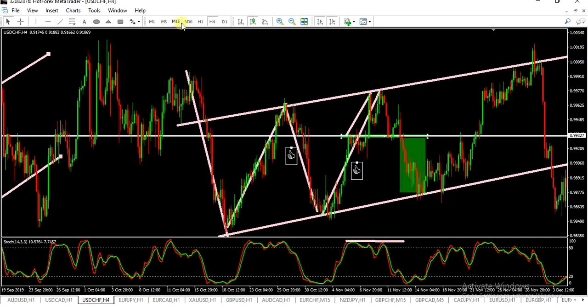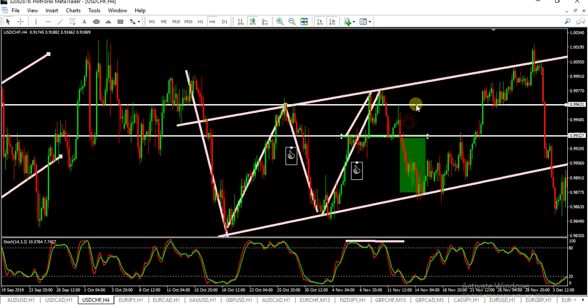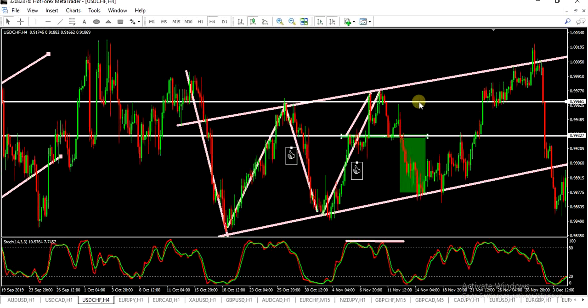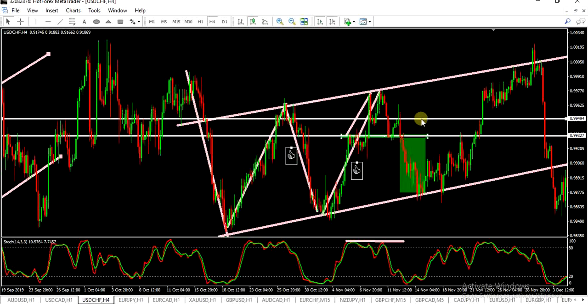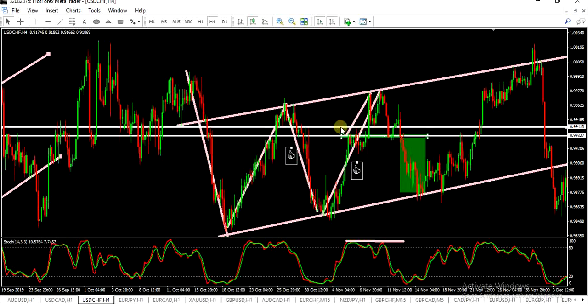And because we are not guessing in the market, our stop loss is supposed to be some pips above our entry, somewhere here, because you are not here to gamble, or somewhere at the previous level.